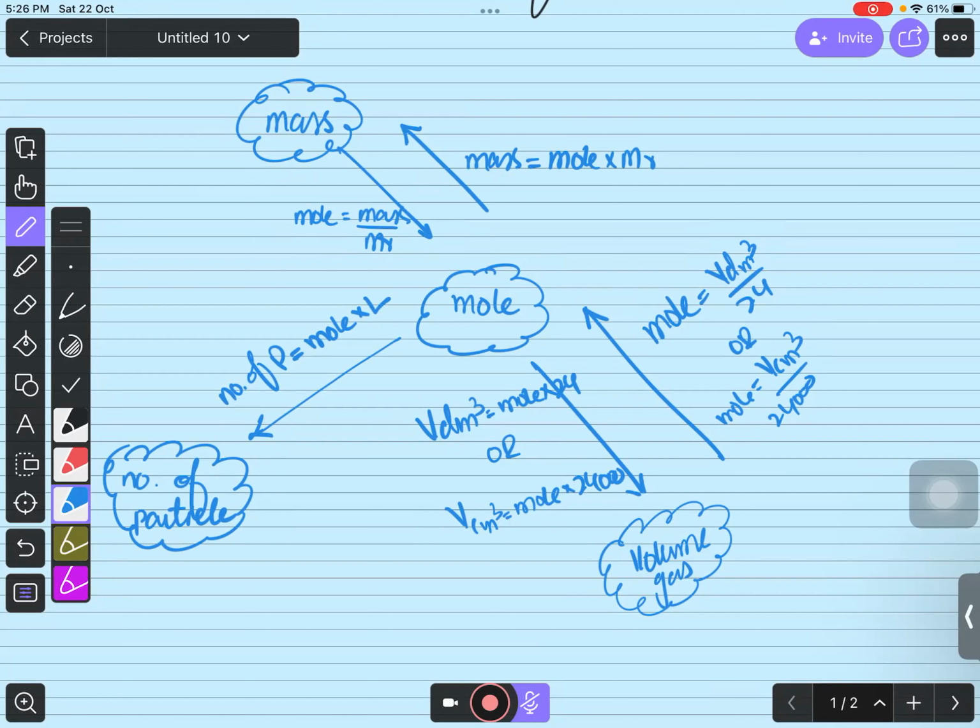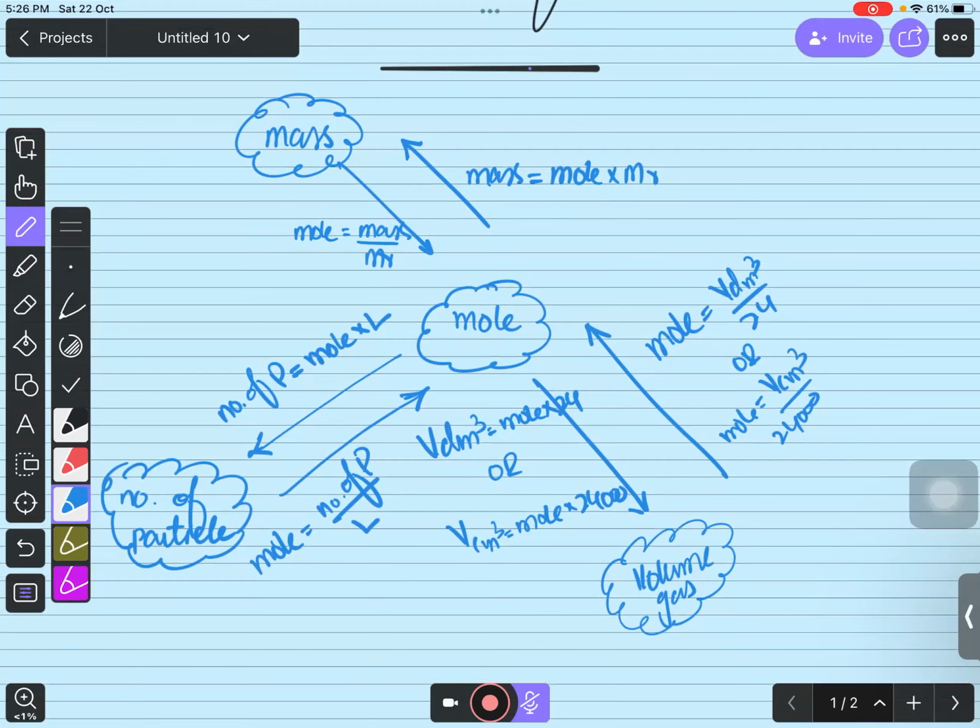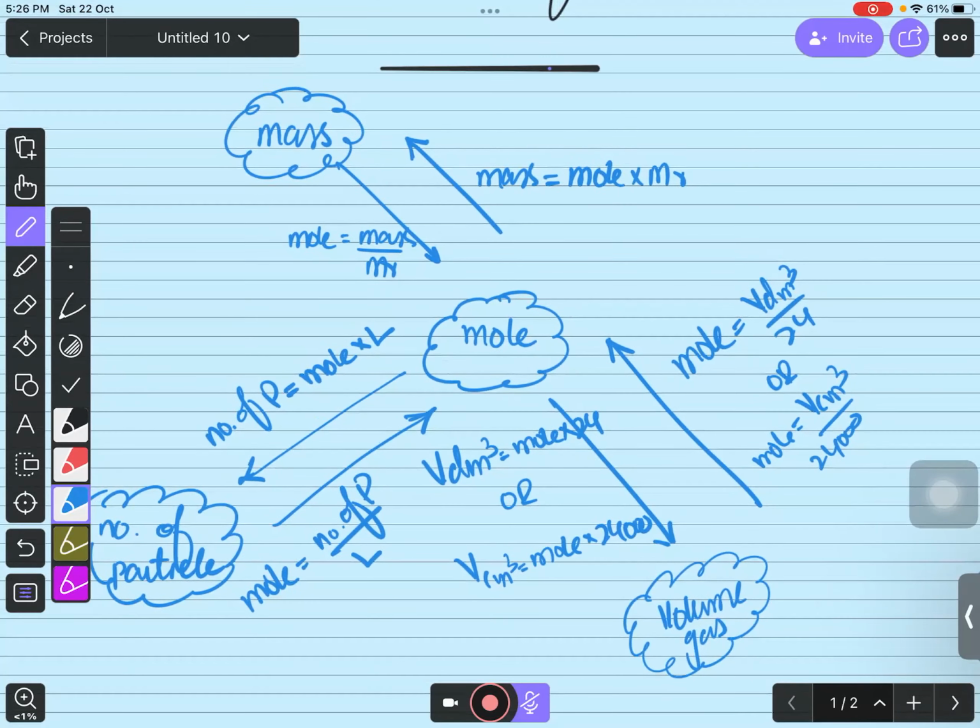Yes, sir. Same as it is, अगर मैं आपको number of particles दे दूं and I ask for the number of moles, we can simply do what? Moles can be found by number of particles over Avogadro constant, right बच्चों? Yes, sir. Clear.